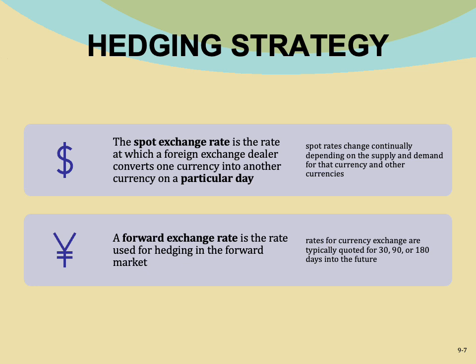The second type of hedging strategy is the forward exchange rate. It's the rate used for hedging in the forward market. These rates are typically quoted for 30, 90 or 180 days into the future.